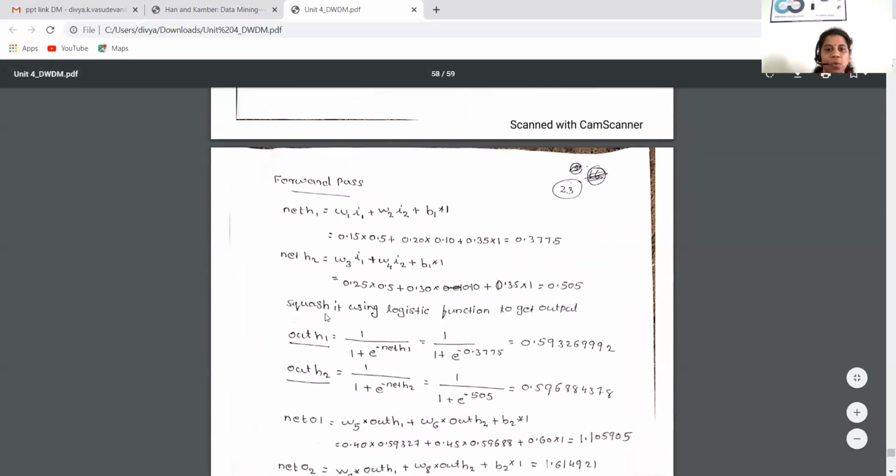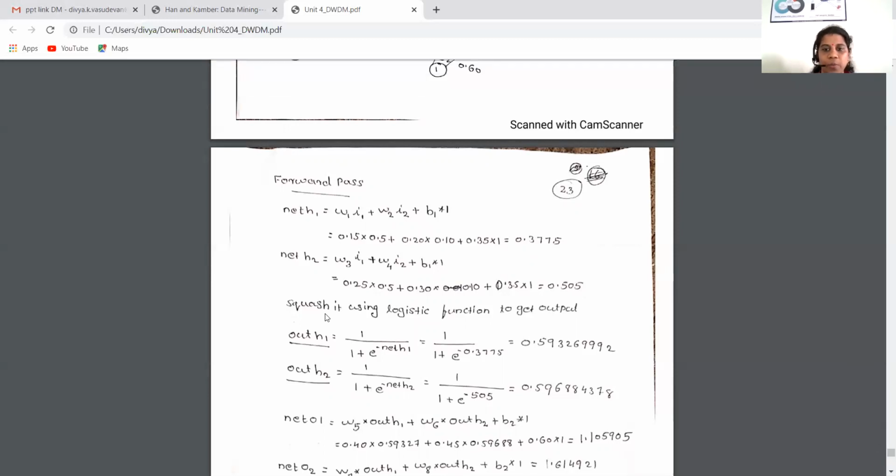Squashing means we are going to make the value fall in a particular range. So whatever value you get for net H1 and net H2, I'm going to make it between 0 and 1. That is known as squashing.